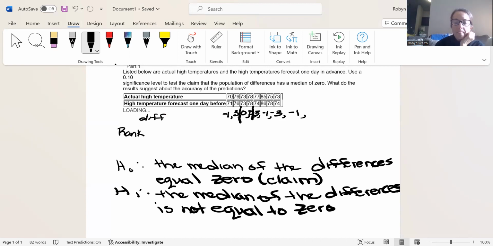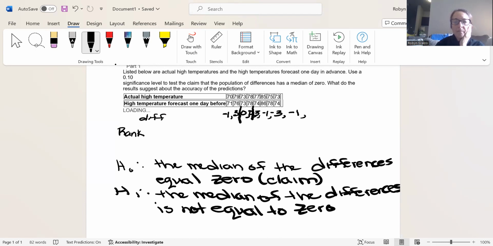If they share the same distance from the middle, then they are going to have the same rank. So I look at the ranks without the sign, so those are my three 1s, correct?